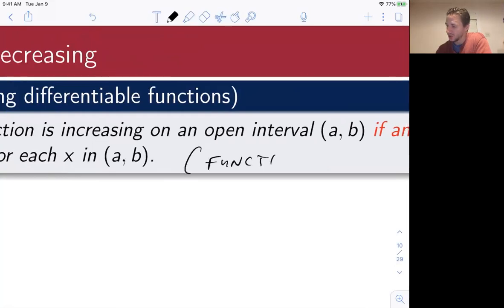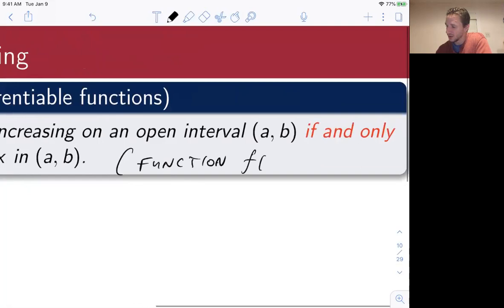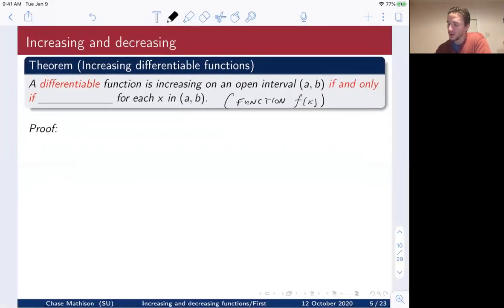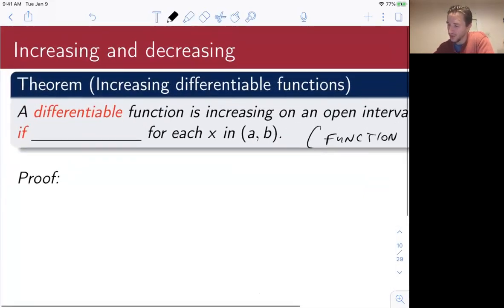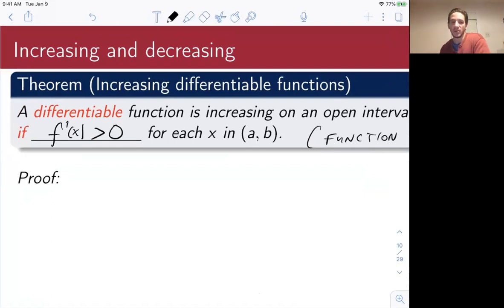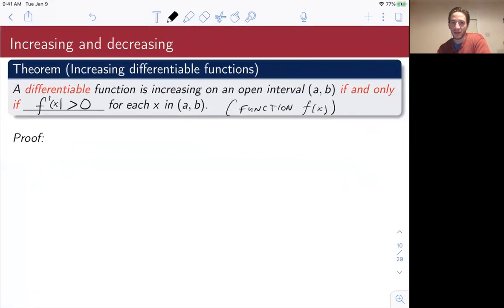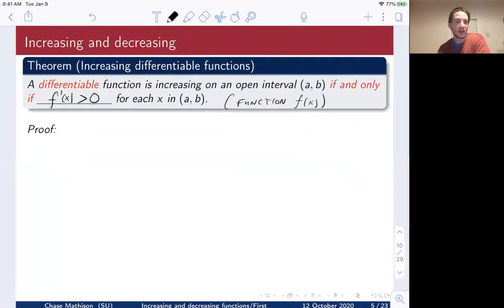The function f of x is increasing, and right now this is just for increasing, on an open interval a to b if and only if f prime of x is greater than 0. Yes, exactly. This just means the slope is positive for every x in the interval a to b.